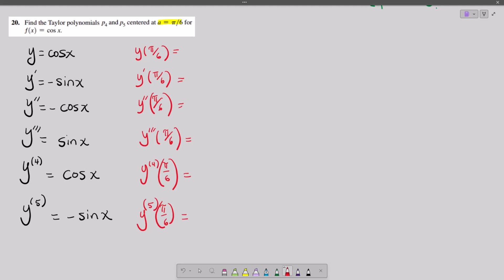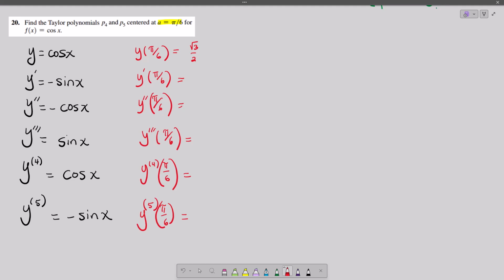Okay, so y of pi over 6, that means cosine of pi over 6, which is root 3 over 2. y prime of pi over 6, that's negative 1 times sine of pi over 6.